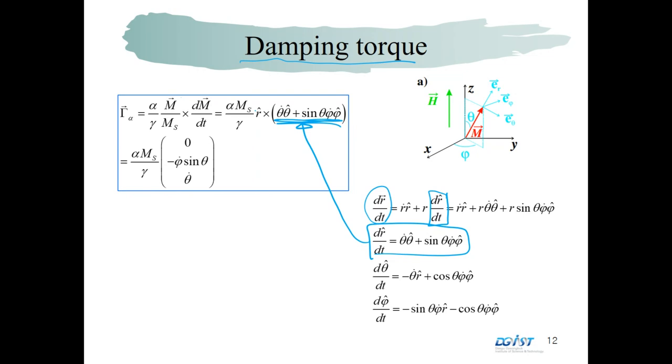Now we are totally working in the polar coordinate system. The remaining problem is r hat cross theta hat and r hat cross phi hat. This gives a phi hat, and this one gives a minus theta hat. So this is the r component, theta component, and phi component.